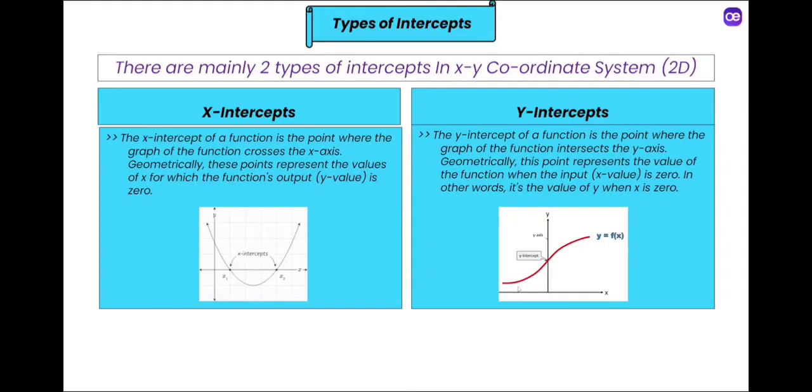And let's see this graph. In this graph, look, this curve crosses the y-axis at this point. Suppose this is 1. As we know, on the x-axis the y-coordinate is always 0, and on the y-axis the x-coordinate is always 0. There is no value of x. As usual, at the origin the point is (0, 0).